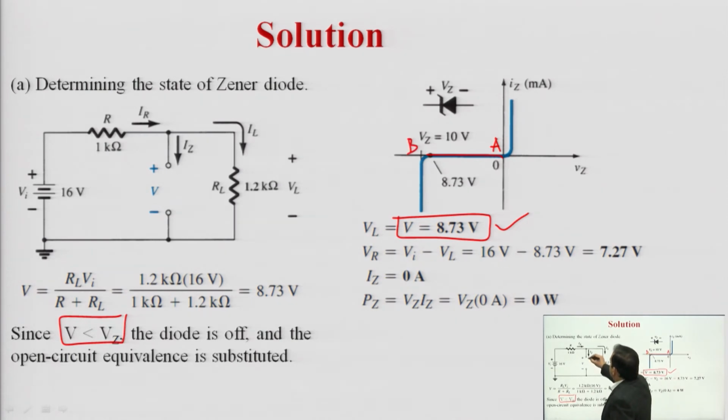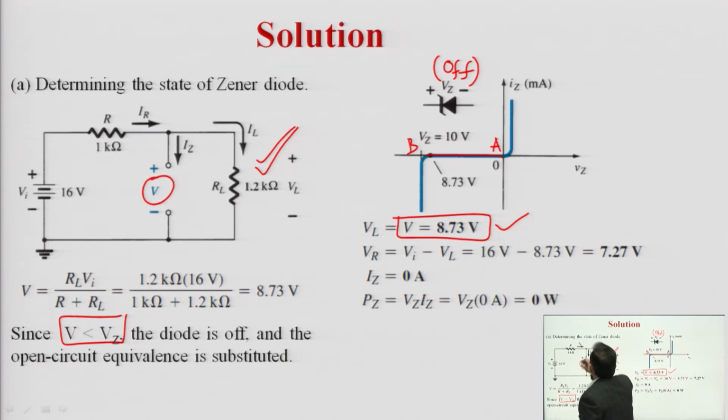So, the equivalent circuit is now this one, and we can evaluate the current, voltages and the power corresponding to this equivalent circuit, because the Zener diode is off. This is the region where the Zener diode is off. So, what is VL? VL will be equal to this particular voltage, because in parallel the voltages are equal. So, we have the first answer.